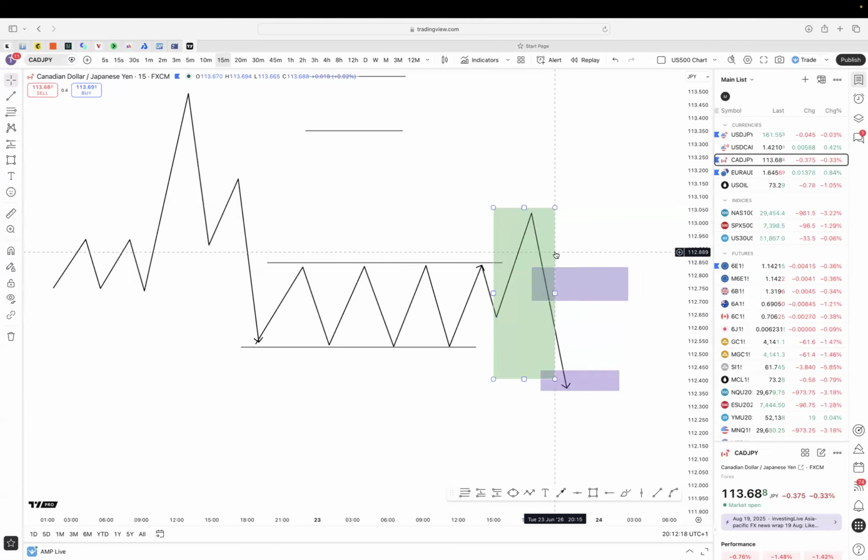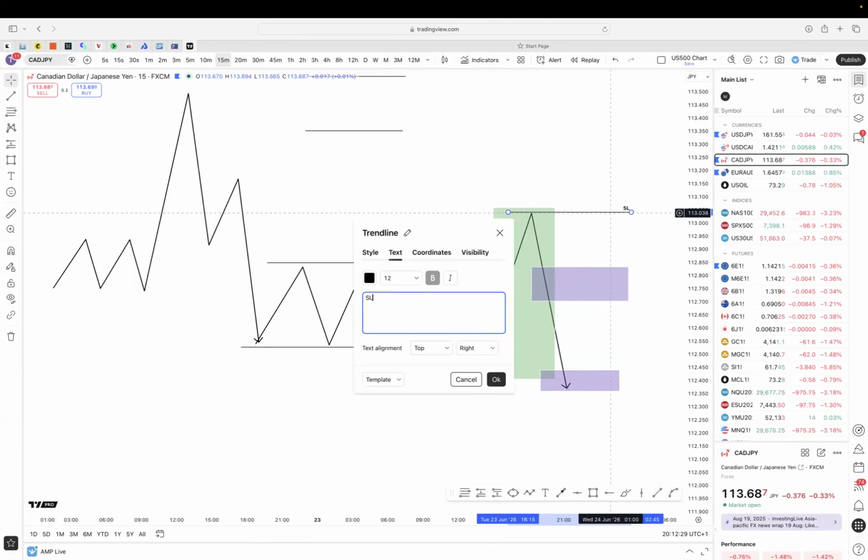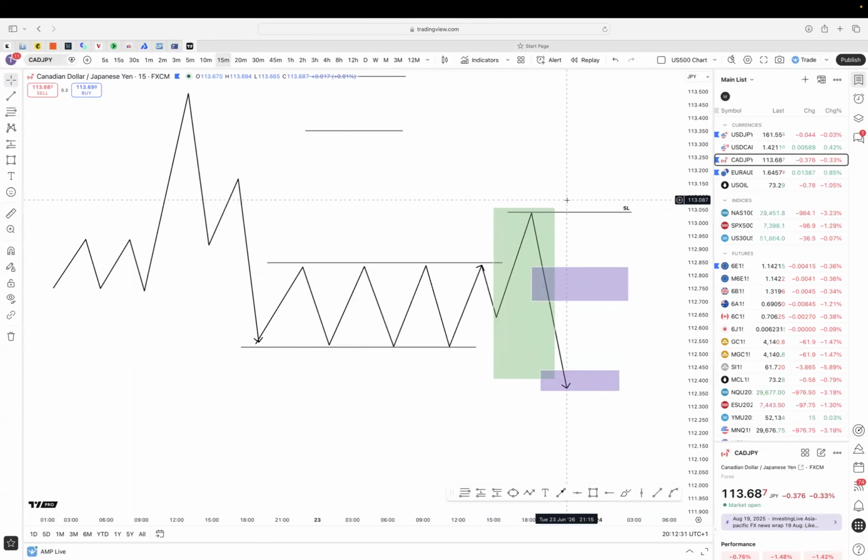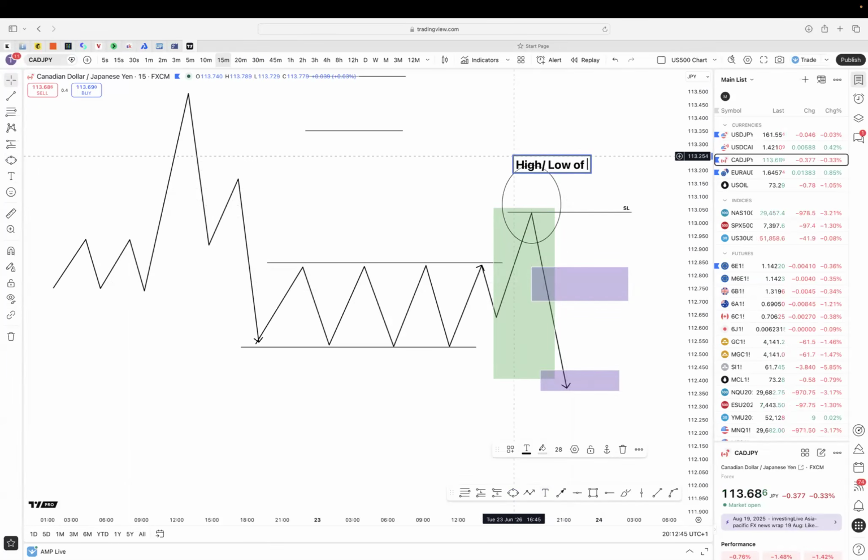My view is very, very simple. And it's that when I see manipulation, in theory, the high of that manipulation should genuinely act as your stop loss. Okay, it should genuinely act as your stop loss, because in an ideal world, the manipulation high or low, but we're doing a high in this example, in theory, should be the high or low of the day.